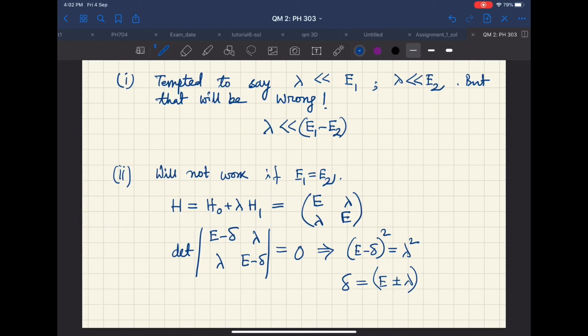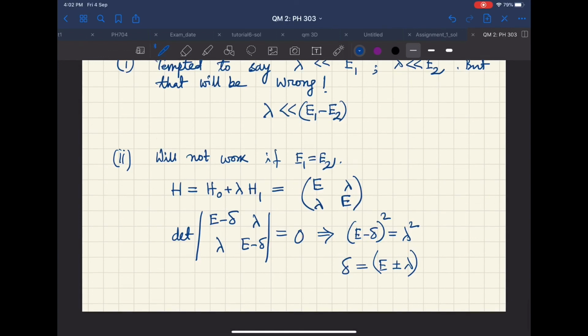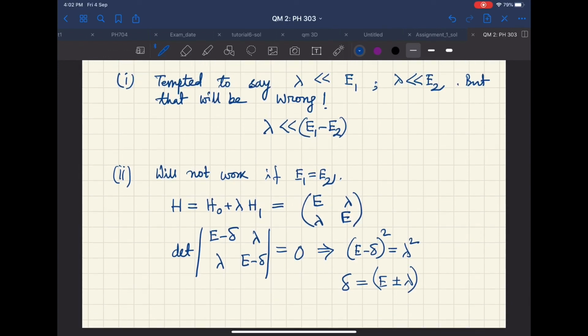We will come back to the degenerate case with a completely separate discussion. But as I already said, if you have a degenerate energy level and you switch on the perturbation, then your energy level just splits into two, exactly E minus lambda and E plus lambda, and this was the original eigenvalue of the Hamiltonian H0, which was degenerate.